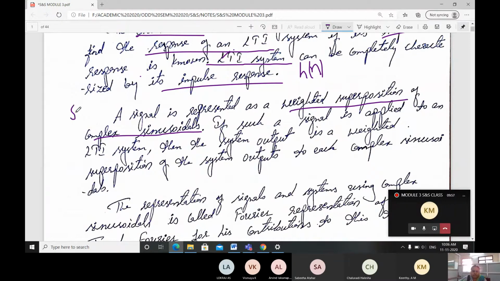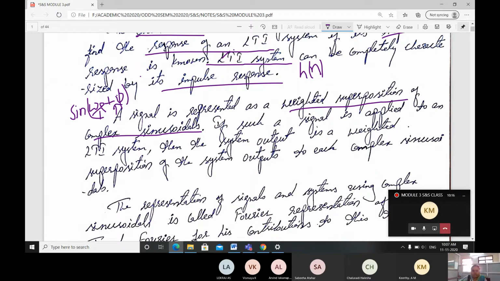If I take the sine or cos function, I write it as sin of omega naught t plus phi, represented in terms of frequency and phase angle.